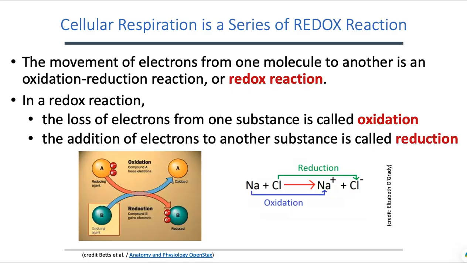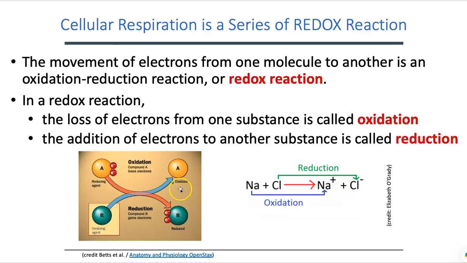You might remember back to the BIM lab: the term used to describe the loss of electrons was oxidation, whereas the term used to describe the gain of electrons was reduction. For us, glucose is what's going to be oxidized.